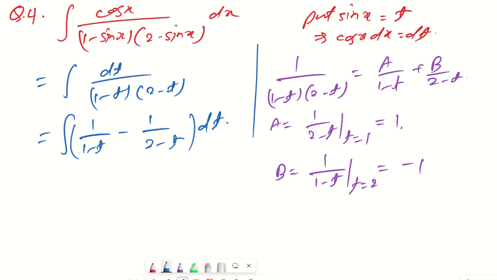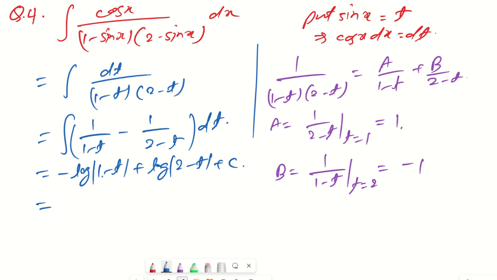Okay, by this we are going to get my integrations as how much? See, this is 1 minus t, so the minus will come outside, right? So you will get minus of log 1 minus t, and here also you will get one more minus, so minus minus plus it will become, so plus log of 2 minus t plus some constant c.